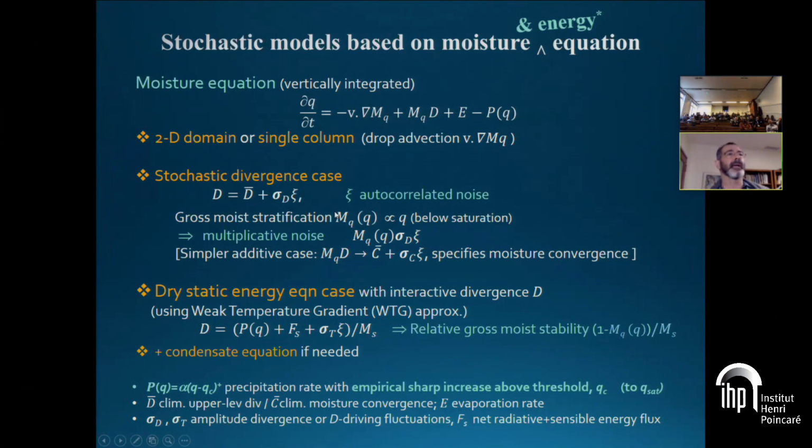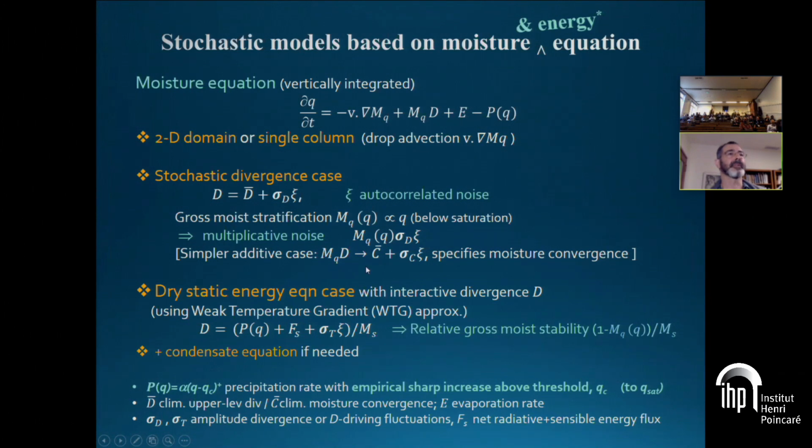So you've got this moisture budget, you can run this in a 2D domain, or you can look at a single column at a time, and I'll show you examples of both. What do you do about the divergence? The simplest case is you specify it as a climatological divergence plus an autocorrelated noise. Note that it'll be a multiplicative noise because this is essentially proportional to moisture until you saturate.